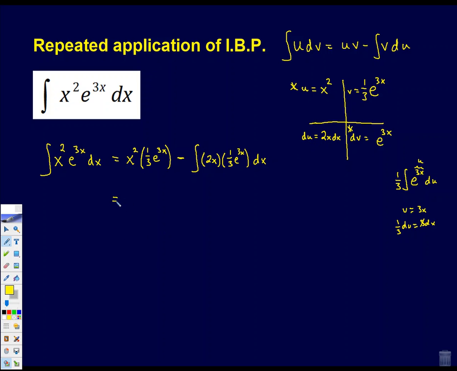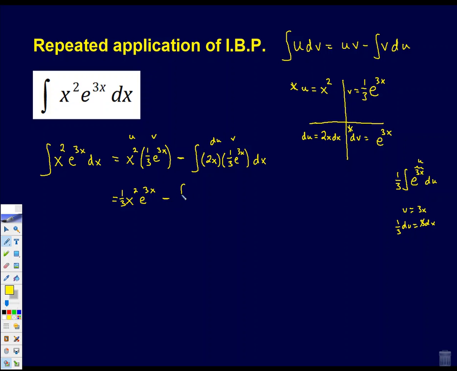So simplifying this, this is your original u times your original v. And over here, this is v du, although it's backwards. The reason why I'm writing it backwards at first is because first I want you to notice that the integral I now have is still a product of two functions involving x. One of them is 2x, one of them is 1/3 e to the 3x, and this first part's technically done, so I'm going to write it now: 1/3 x squared e to the 3x.